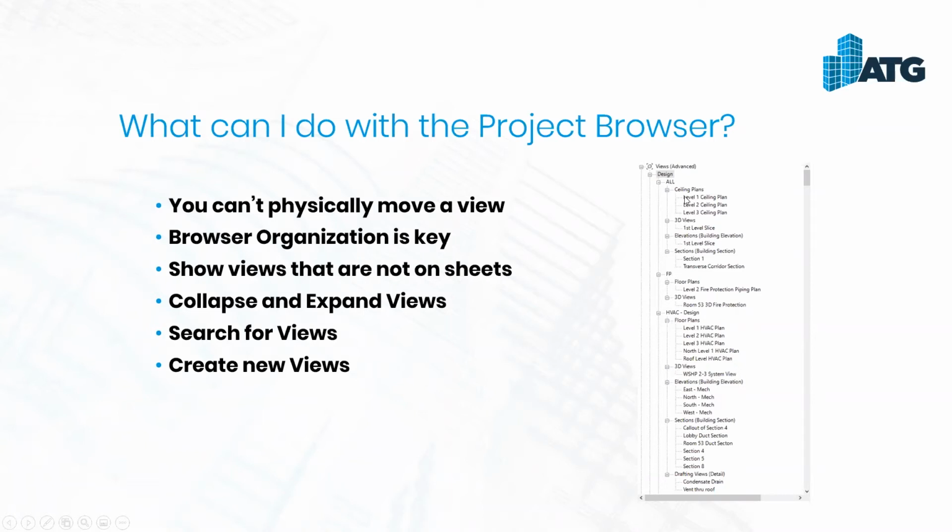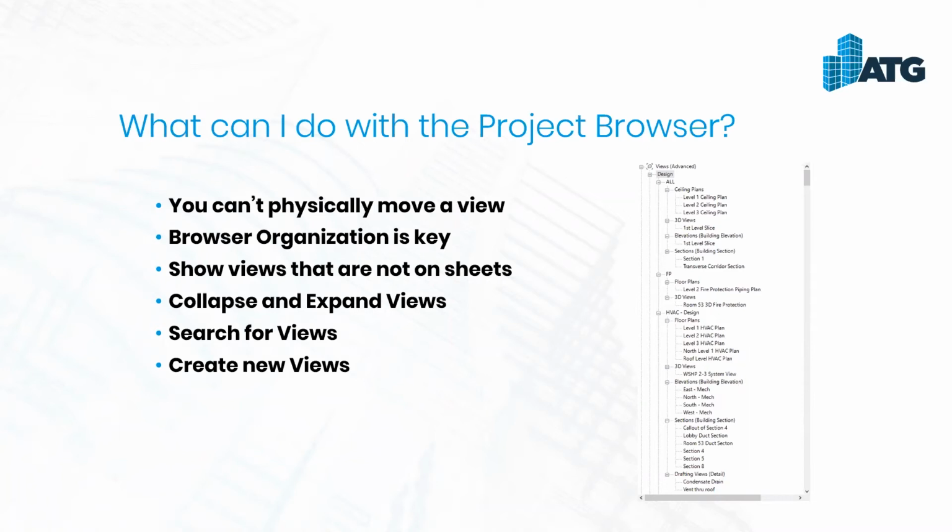The other thing that we have that a lot of people don't know about in the project browser is being able to search for views. So if you have a lot of views within a project and it's like, okay, where is that view at? You can just simply right click in the project browser and click on search and start typing something from the name of the view that you want to access.